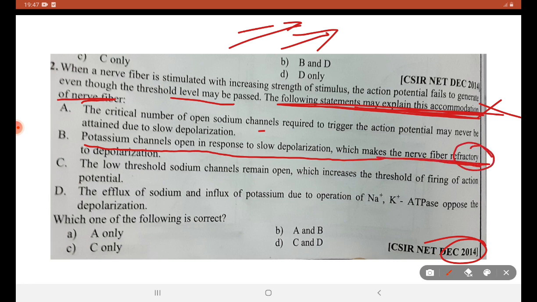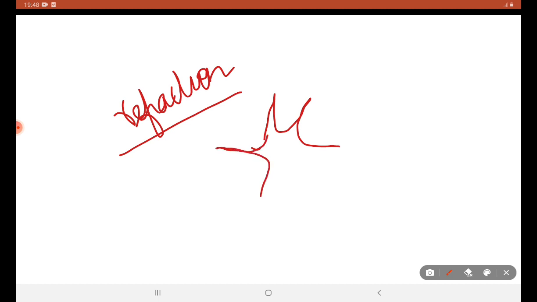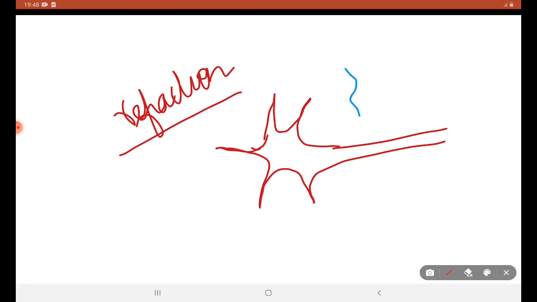What is refractory? We are giving a stimulus 1 and then a stimulus 2. What is the refractory period? Consider this as a nerve fiber, a neuron. We are giving a first stimulus here. The stimulus is generated.